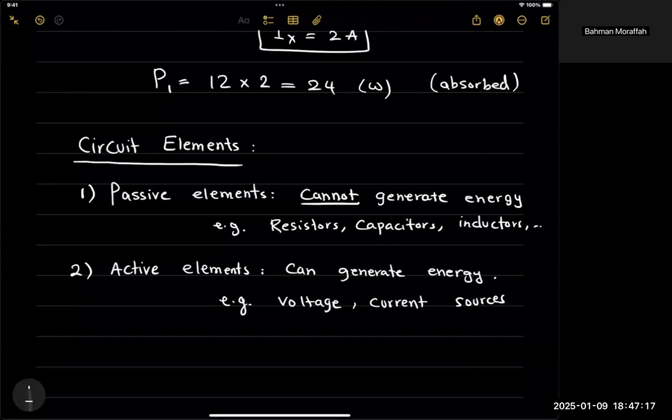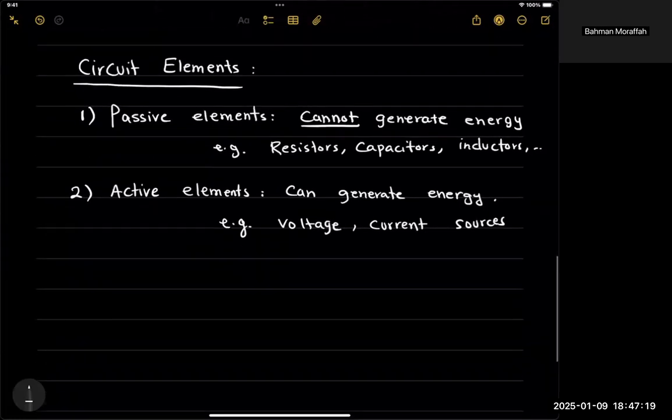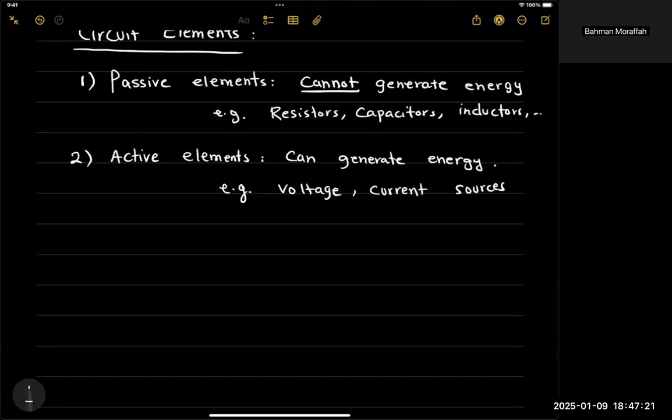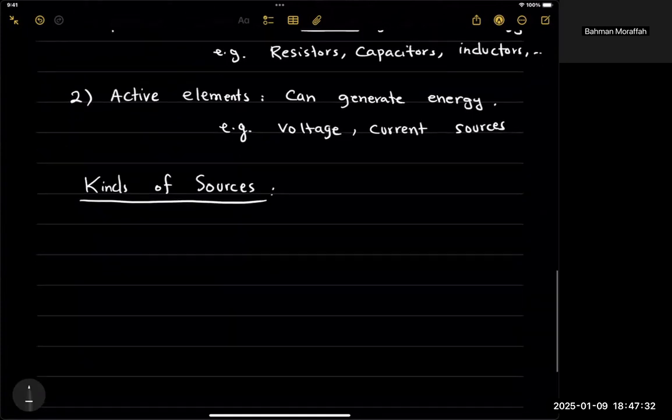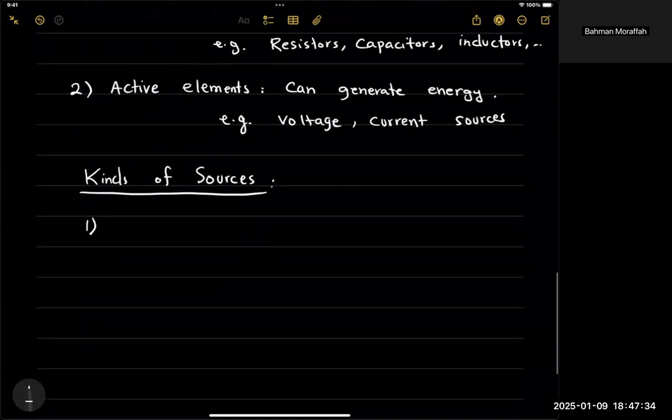When we're talking about sources, we're basically talking about two types of sources. The first type is independent sources.